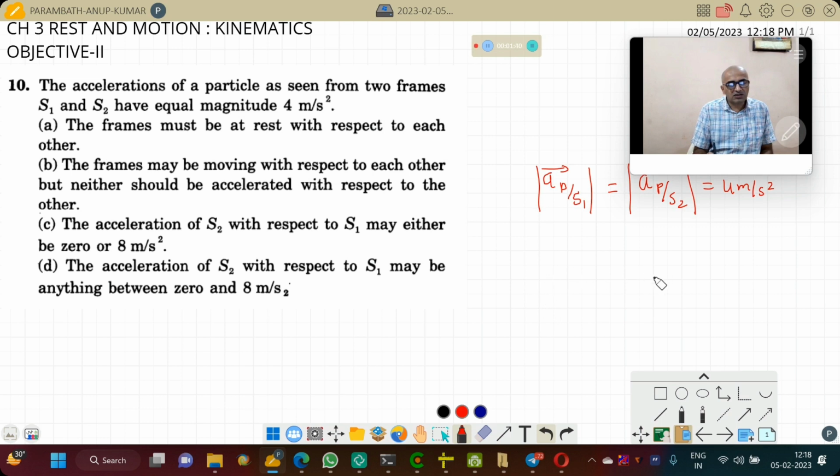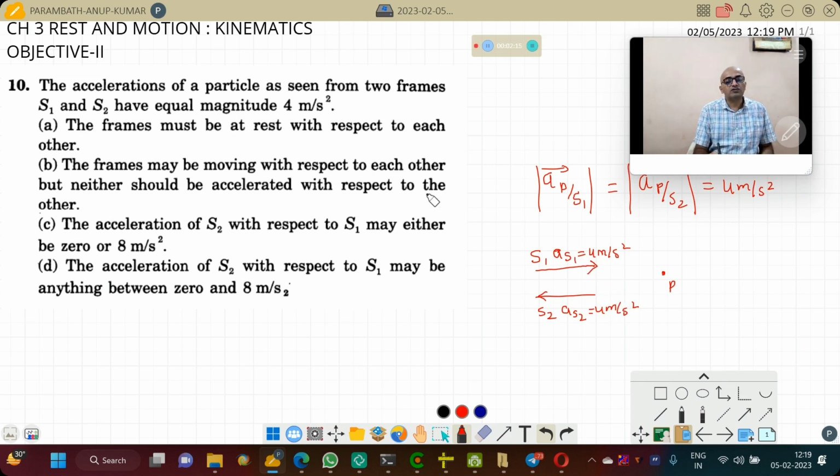Because if there is a particle P at rest here, and frame S1, let it be a car, is accelerating with 4 meter per second square like this, and car S2 with an acceleration of 4 meter per second square like this, both of them will perceive that the magnitude of the acceleration of P will be 4 meter per second square.